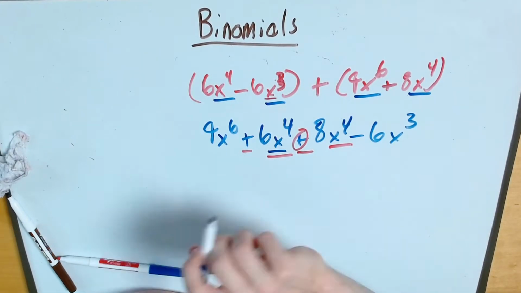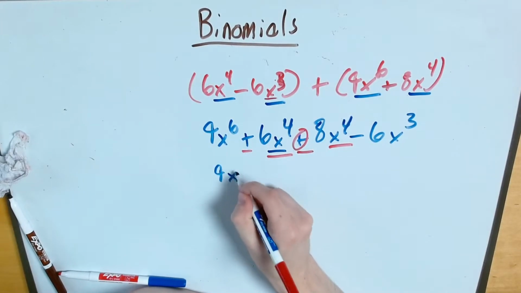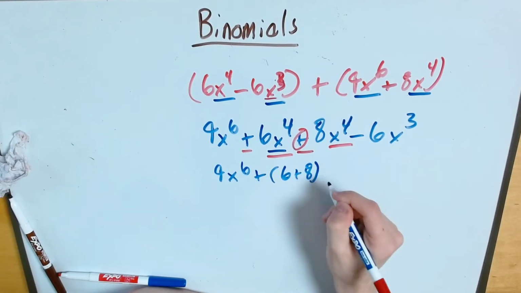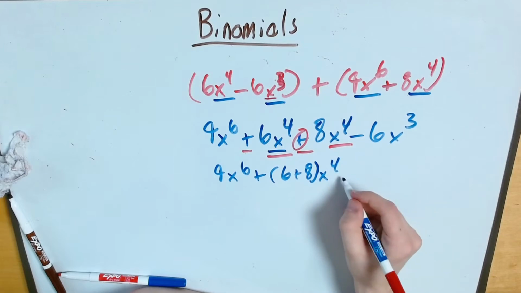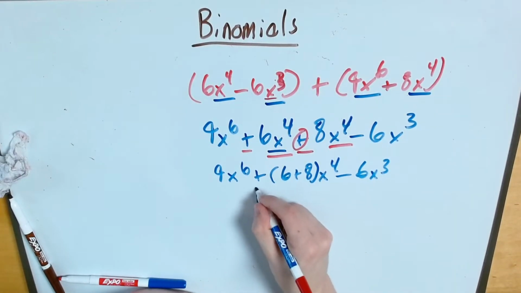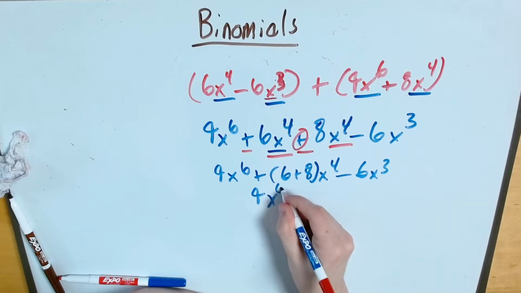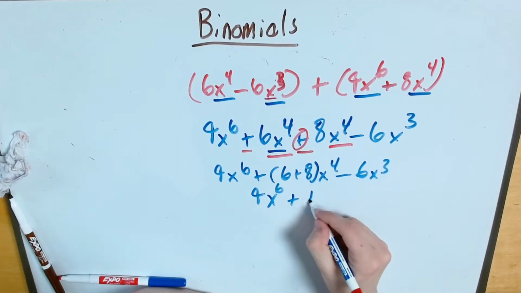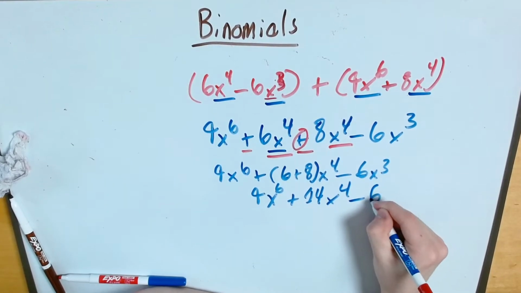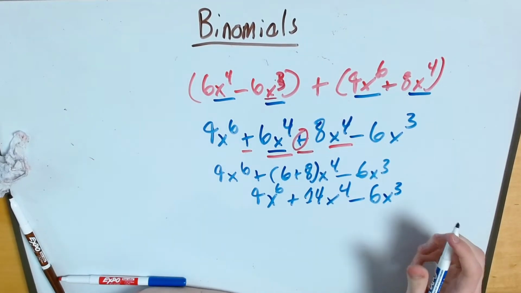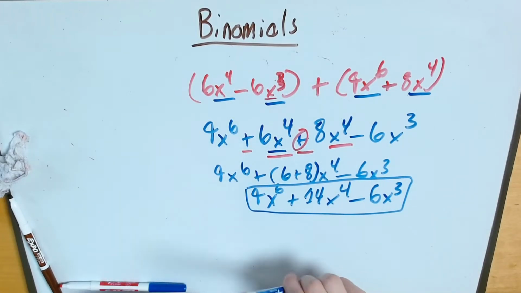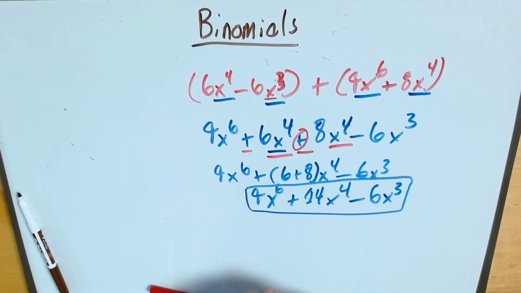So that looks like 9x to the 6 plus 6 plus 8 times x to the 4 minus 6x to the 3. Now 6 plus 8, that's 14. So in total we have 9x to the 6 plus 14x to the 4 minus 6x to the 3. And that's the final result that we get after adding together these two binomials.